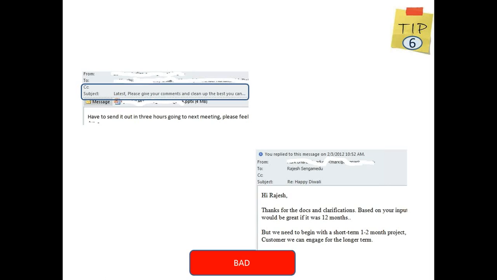So when you send a mail where the subject's not related to the body, and the subject says something which is not important, then you end up losing the value of sending that email. Which effectively means if you spend 30 minutes on writing that mail, I'm sorry, that 30 minutes is a waste of time.